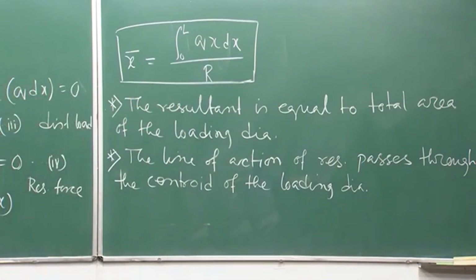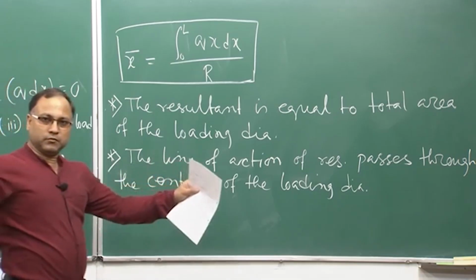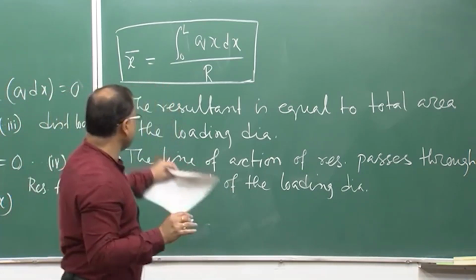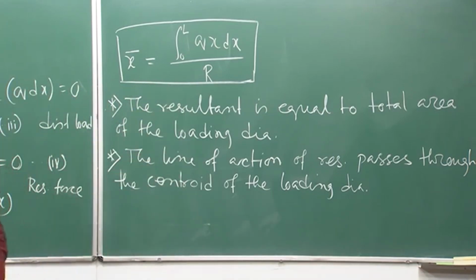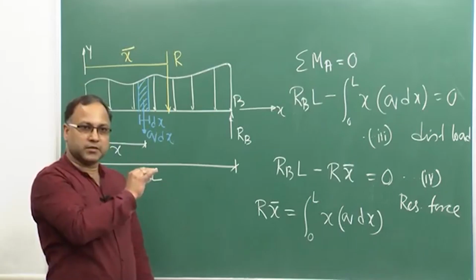The line of action of the resultant passes through the centroid of the loading diagram. So, this R will always pass through the centroid of the loading diagram. Okay. So, these two conclusions we can draw from this analysis.